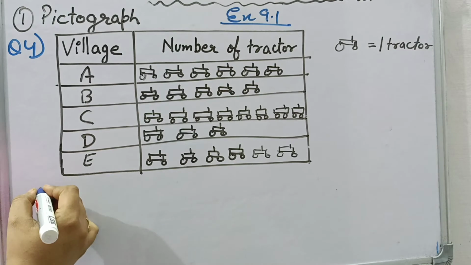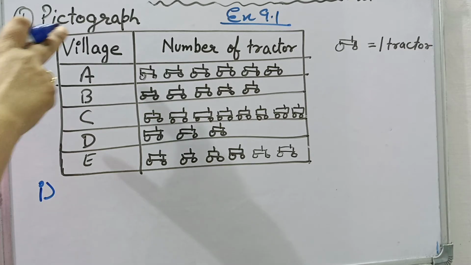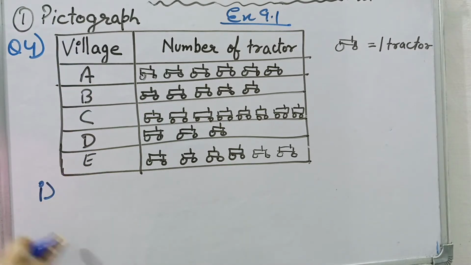The statement is written: observe the pictograph and answer the following questions. First is, which village has the minimum number of tractors? Now we know the meaning of minimum, that is the least number of tractors. So we have to tell the village name which has the least number of tractors.